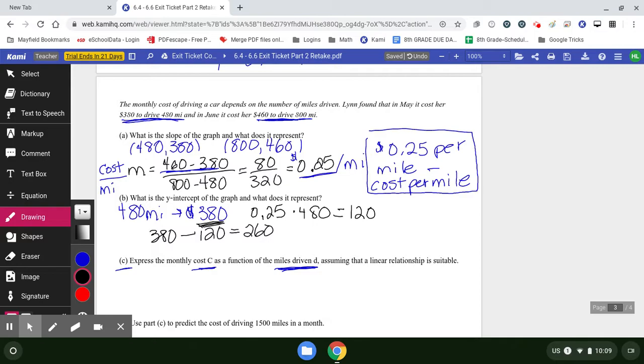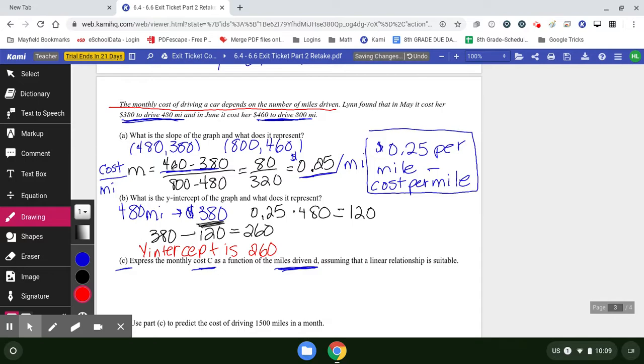So my y-intercept is 260. Notice how it says at the top the monthly cost of driving a car.